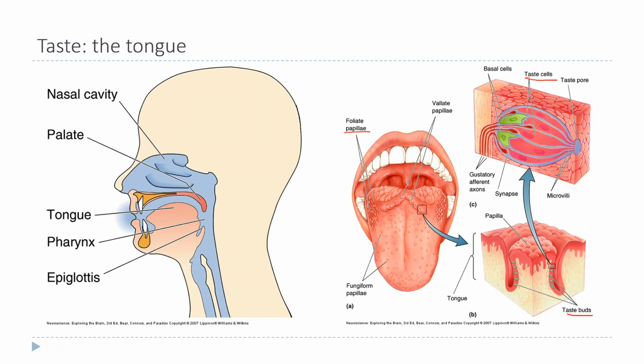So at all times, there's an aqueous solution coating these cells. When you eat food or drink something, the taste molecules associated with that food, as you chew it up or put it on your tongue, dissolve in the saliva and make their way down into the grooves around these papillae and then enter the taste pore, and that's where they interact with the taste cells.